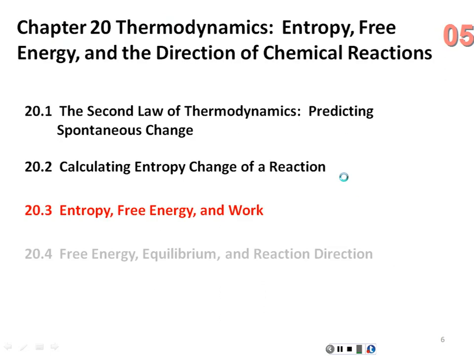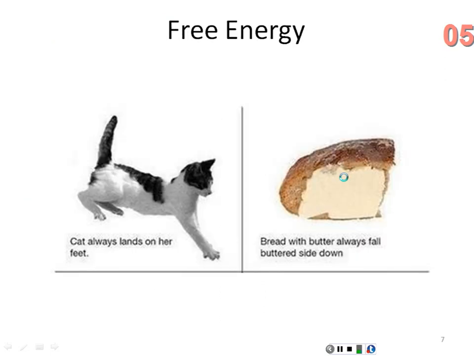All right, let's get started with some material from chapter 20.3, free energy. So if you have a cat, pick up a cat and drop it, it always lands on its feet. A piece of bread with butter on it, if you drop that, it always lands butter side down.